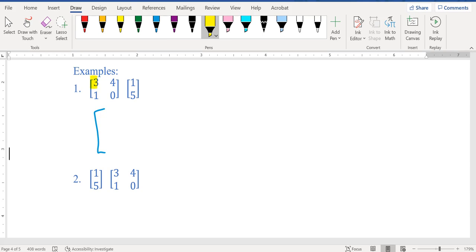For the first element, I'm going to do that row times that column. I get 3 times 1 plus 4 times 5. So what is that, 23?